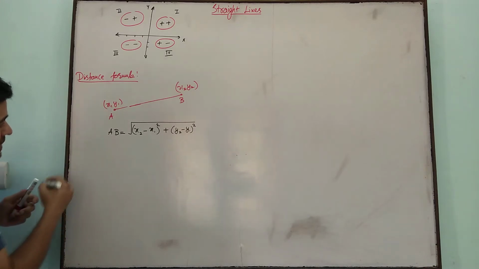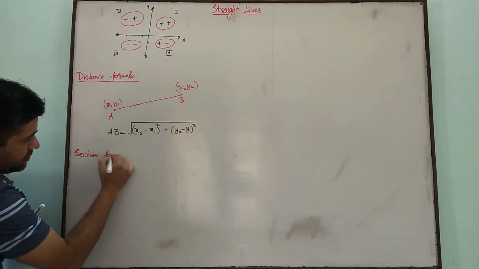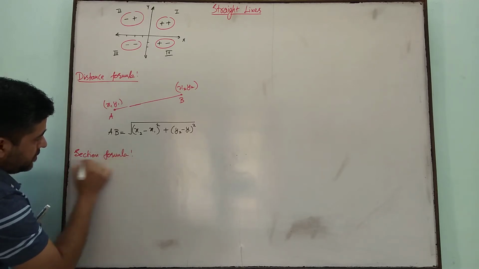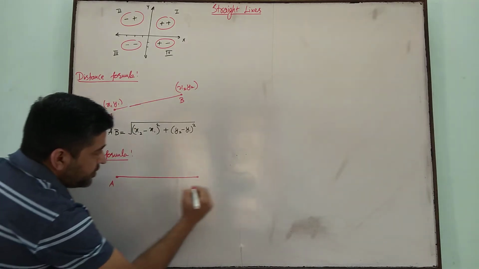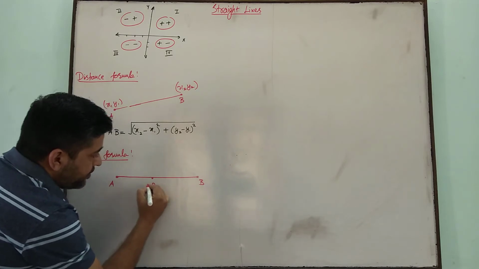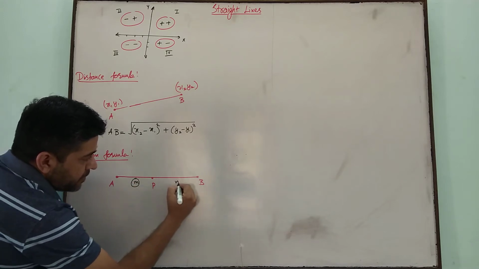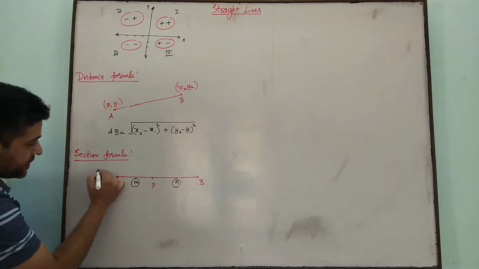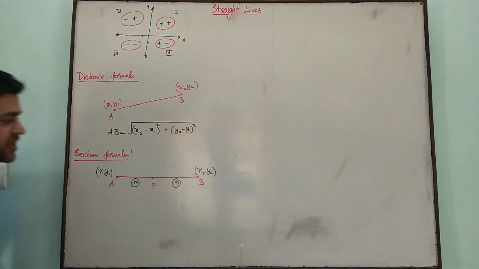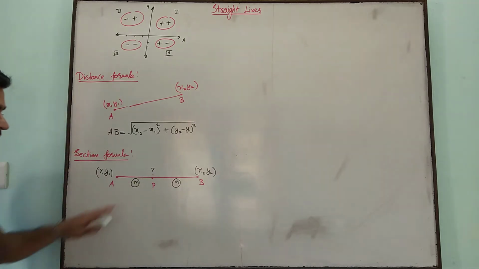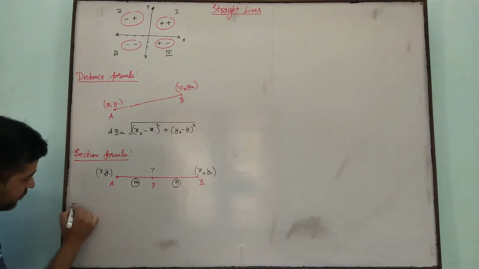And then we have section formula. If A and B divides by P in the ratio m/n, and A and B are given x1, y1 and x2, y2, then the coordinates of P we need to find if this ratio is given m/n, and this is for internal division.